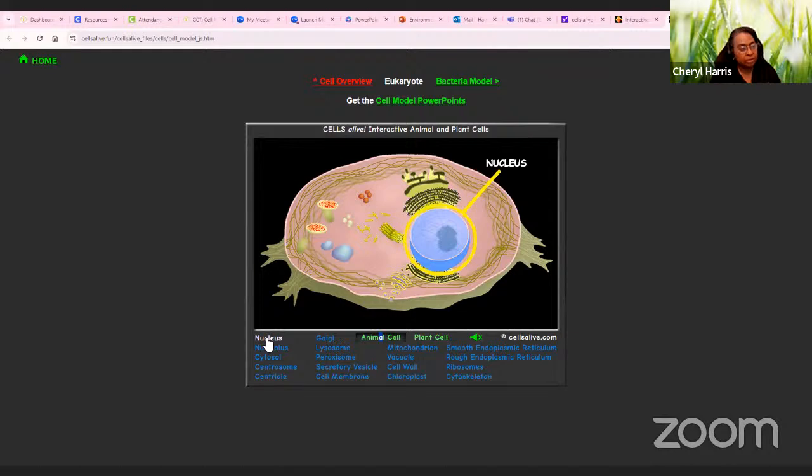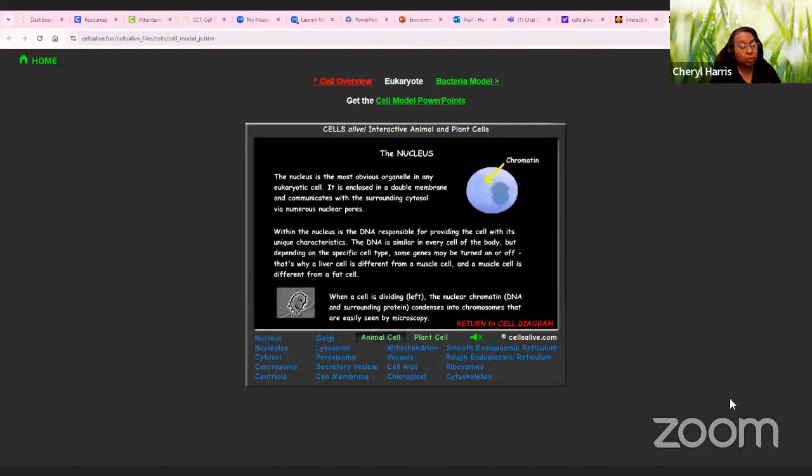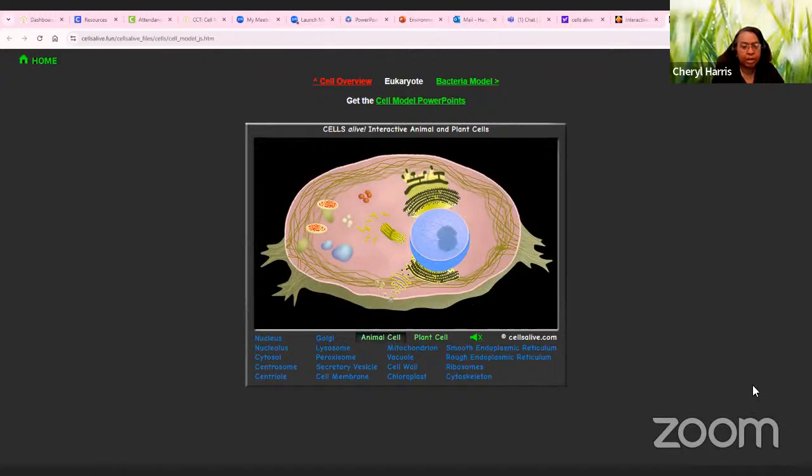Not only that, if you click on the word, it'll give you a paragraph that tells you about the structure. So I want you to spend the rest of this morning looking at this. When you're ready, you can come back, click on animal cell and you come back. Is everybody able to open this? And you're not just looking at my page. You can do this on your own. Yes. Shake your head up and down.